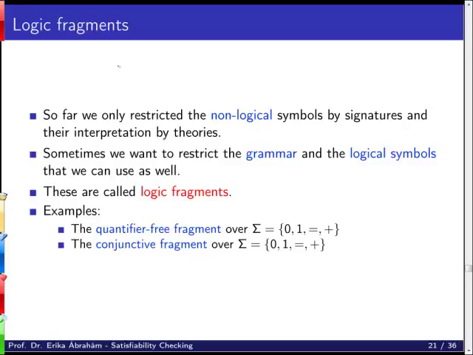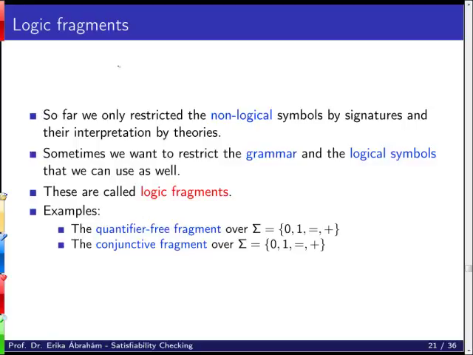For example, we can say we have a signature, we have numbers with equality and addition, so basically Presburger arithmetic, but we do not allow quantifiers, universal and existential quantifiers. And then we have the quantifier-free fragment of a logic. Or we can also say we would like to have constraints of Presburger arithmetic, but we would also like to allow conjunctions.